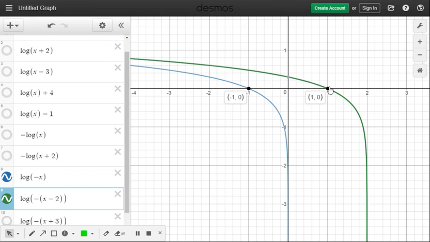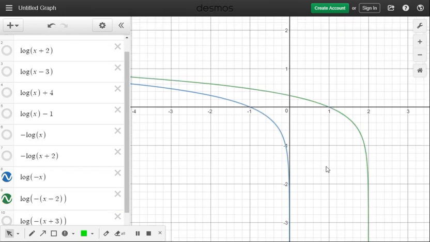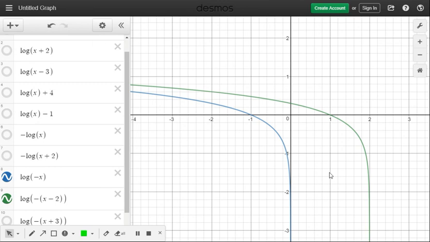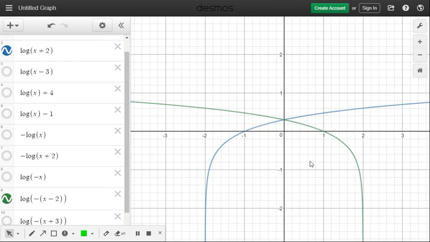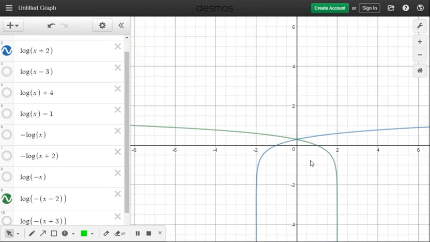Before, when we were talking about reflection, the x value changes sign, but the y value stays the same. When you're looking at the graph overall from a bird's eye view, you can see that both sides of the graph are going in opposite directions. For example, the top of the blue graph is going towards the right. Now the top of the green graph is going towards the left, so in the opposite direction.